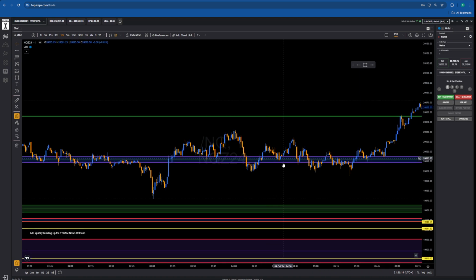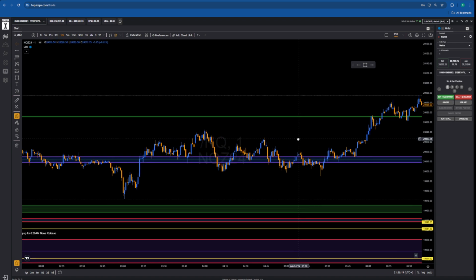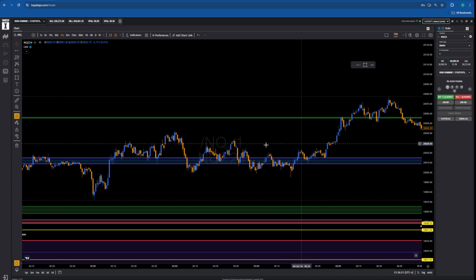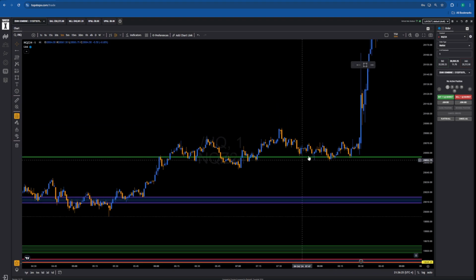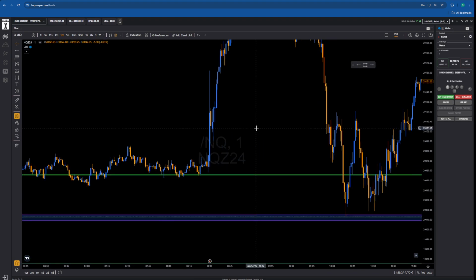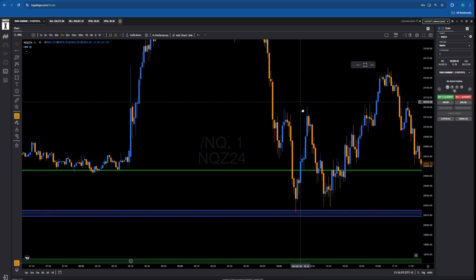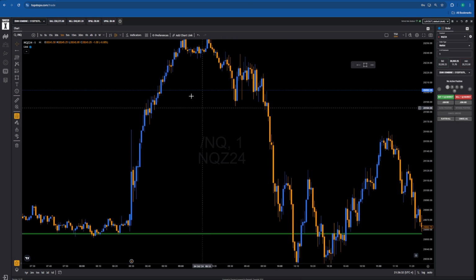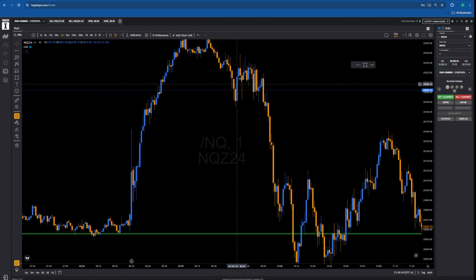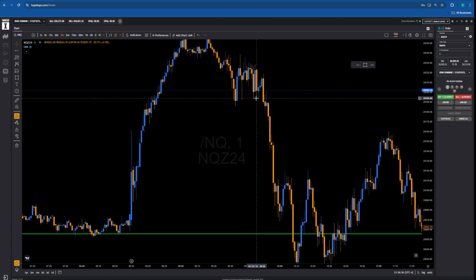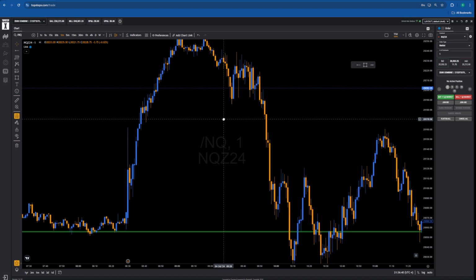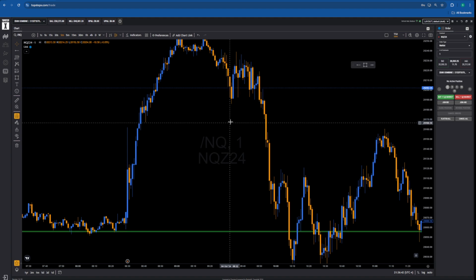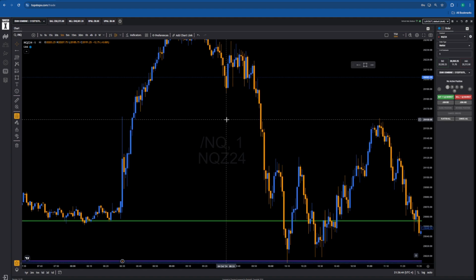As you see, all the morning around the midnight open, like the European session, it's just around that, and then it started to move up, and then the new day opening gap, and it blasted. But if you see this drop which happened, of course I booked around a few $100 in one of my accounts.